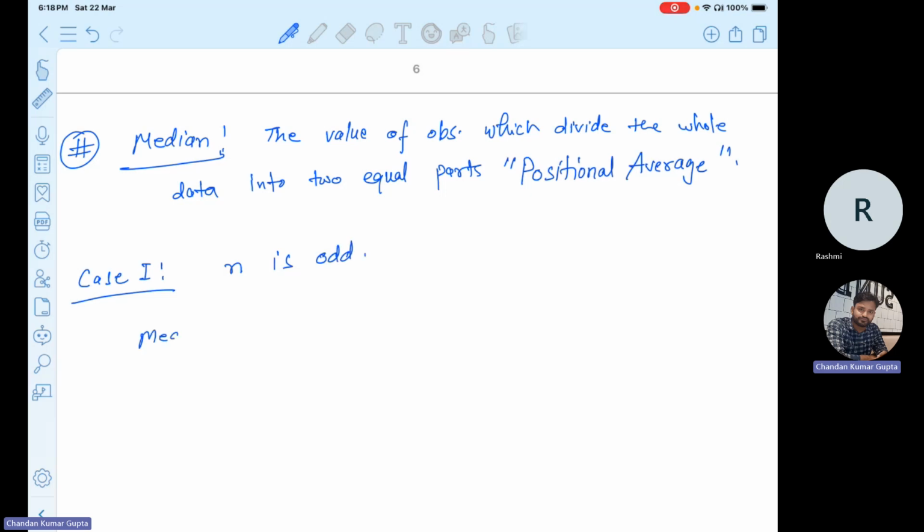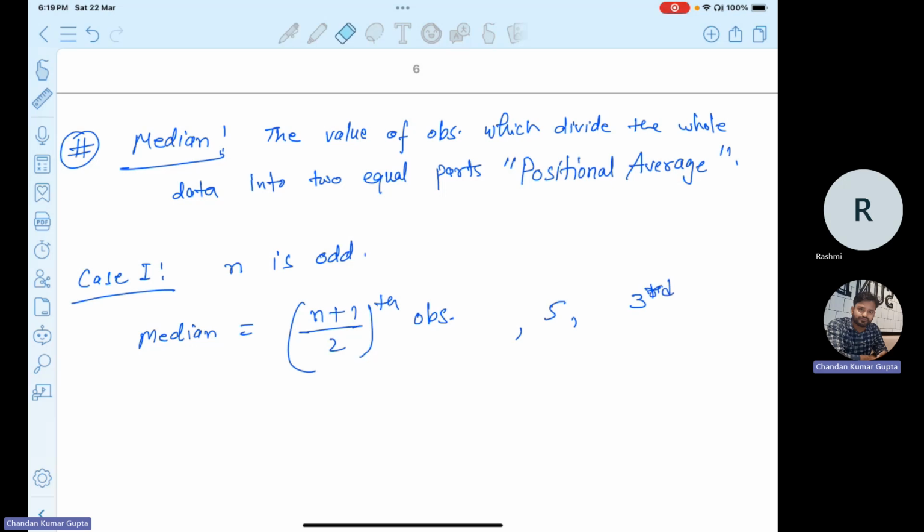In that case, the median is the n plus 1 by 2th observation. We first arrange the data in increasing order, then find the n plus 1 by 2th observation, which is the mid value. Suppose we have 5 data, then n plus 1 by 2 is 3, so the third observation is our median value.